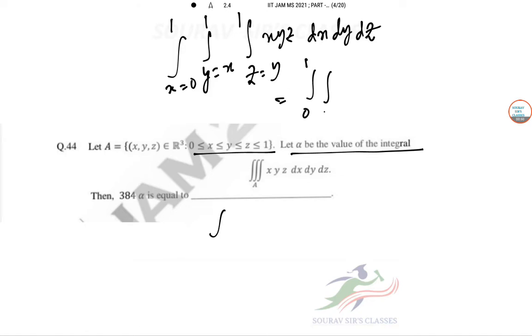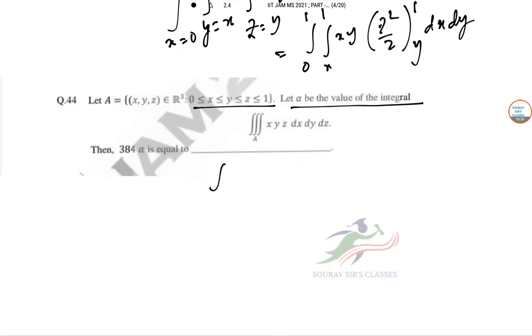So 0 to 1, x to 1, xy times z squared by 2 from y to 1, dx dy. Then 0 to 1, x to 1, xy by 2 minus xy cubed by 2, dx dy. Then 0 to 1, x by 2 times y squared by 2, from x to 1, minus x by 2 times y to the 4 by 4, from x to 1, dx.